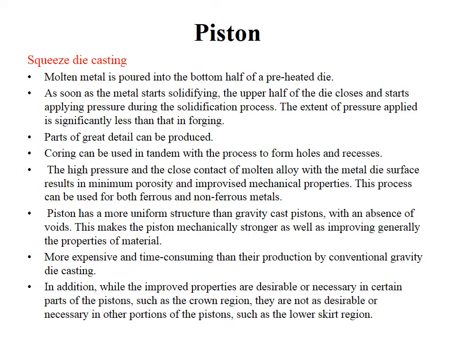But this uses externally applied pressure, because of which it is more expensive and time consuming than the gravity die casting process. And these improved mechanical properties are not desirable at all parts of the piston. In the lower skirt region, which is basically the bottom portion of the piston, it's not needed. So that is a disadvantage in this process.